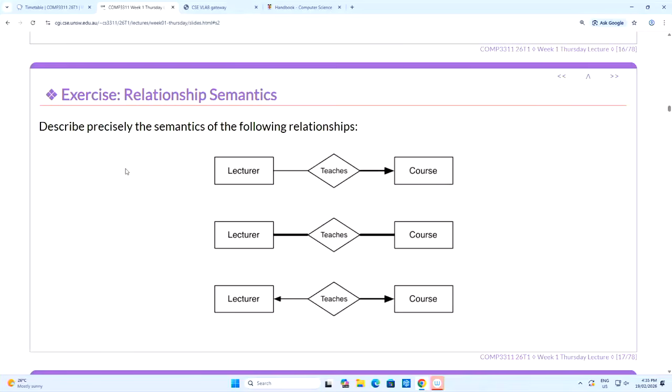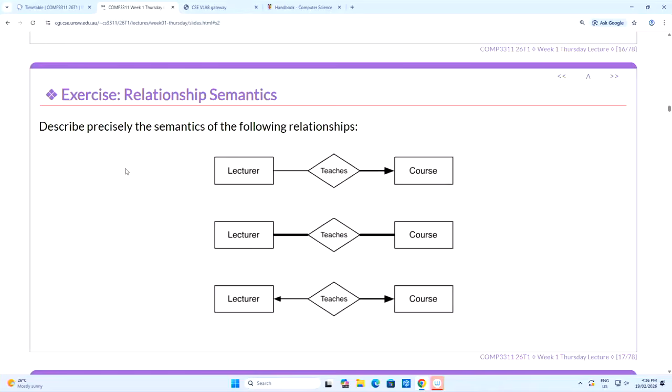It's a one-to-one relationship, so one lecturer must teach one course, and one course must be taught by one lecturer. But you want to take into consideration the participation constraints indicated by the bold line. So the course must be taught by exactly one lecturer.